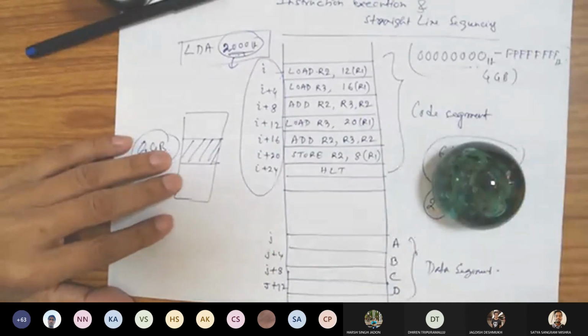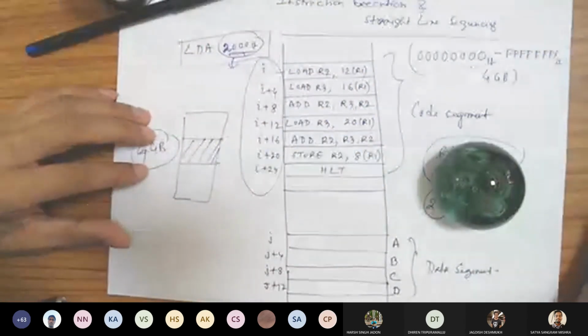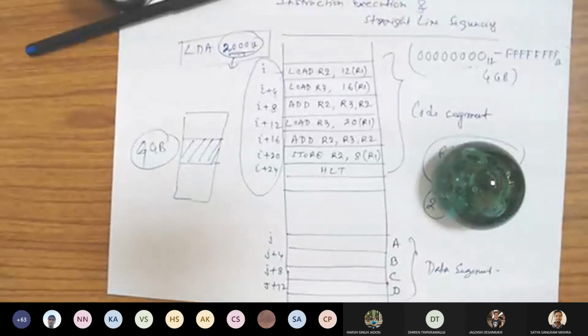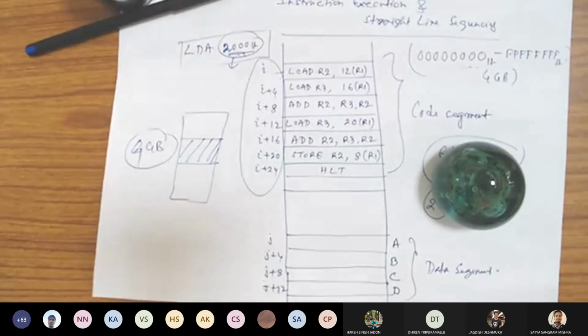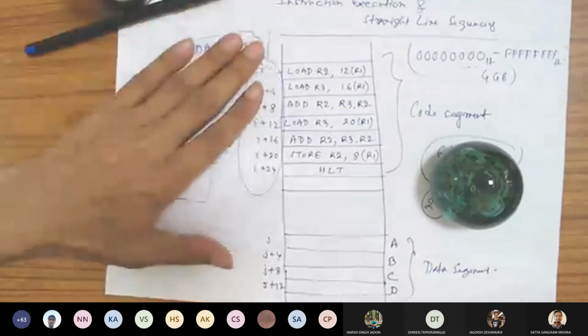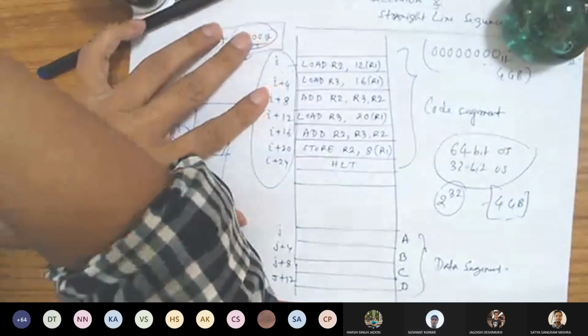Anyone? Any doubt? Okay, so today we will be doing assembly language in lab, and today there will be assignments.